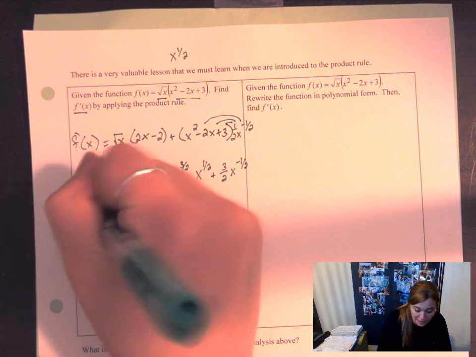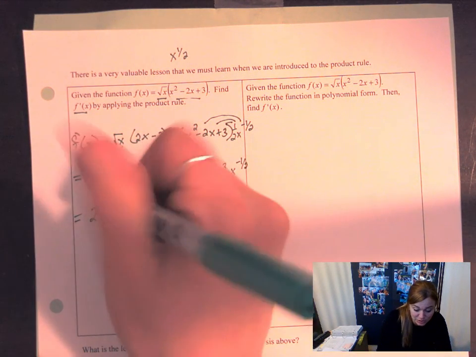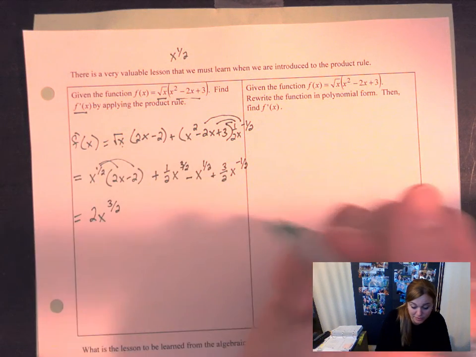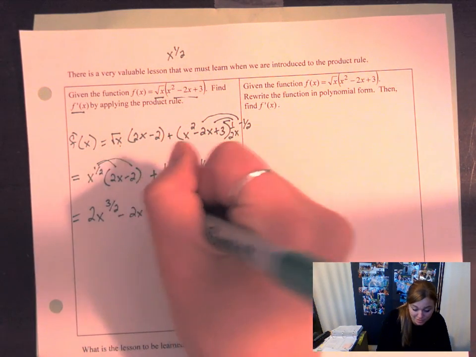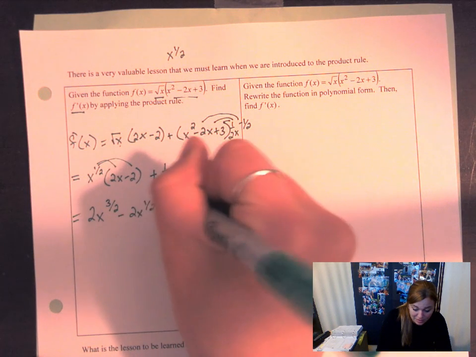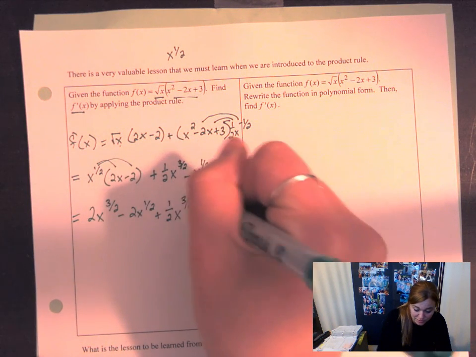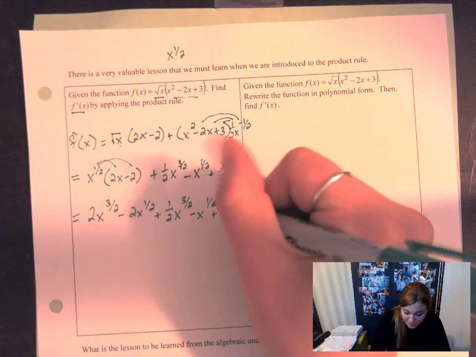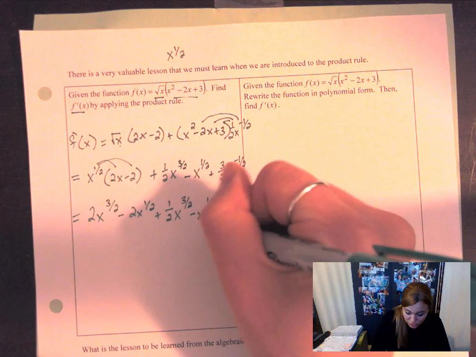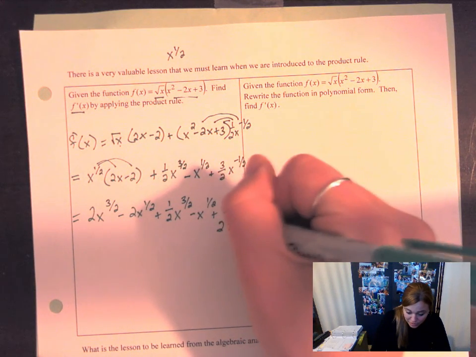So 2x, I'm going to add these exponents, so 2x to the 3/2 power minus 2x to the 1/2 power. And then I'm adding all this other business that I got before. This is a negative exponent, I don't like that. So 3/2 x to the 1/2 power.